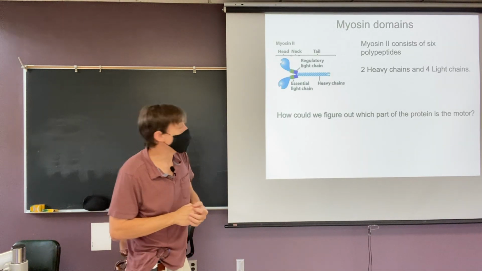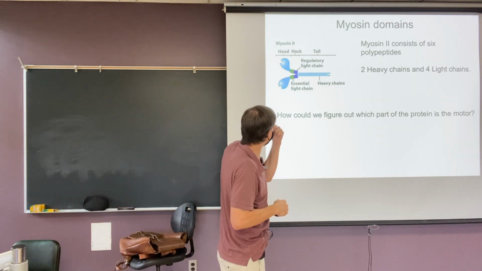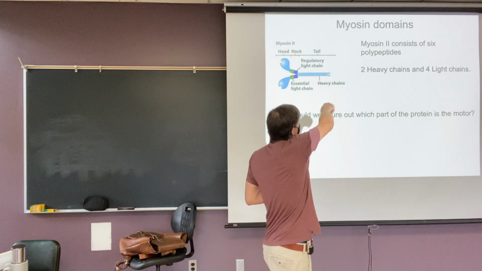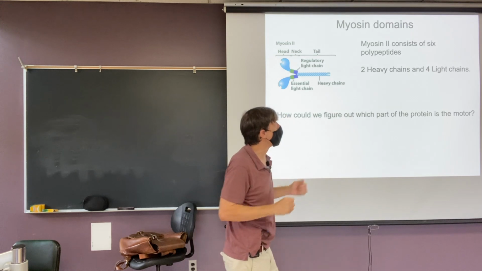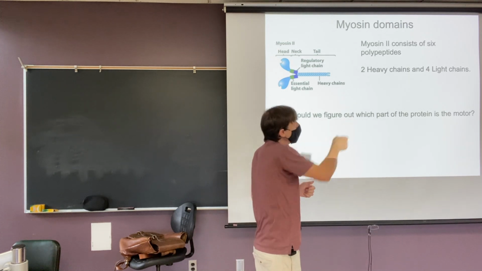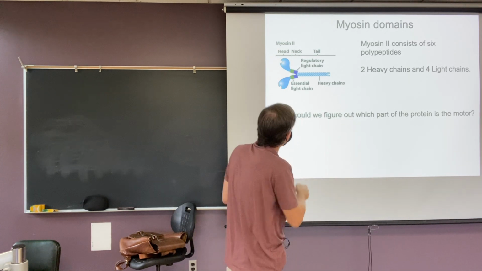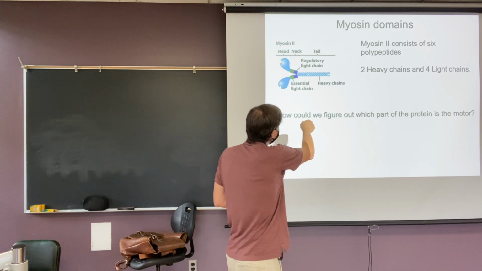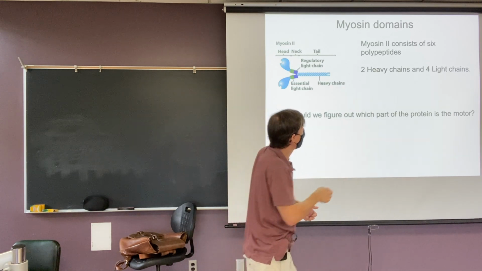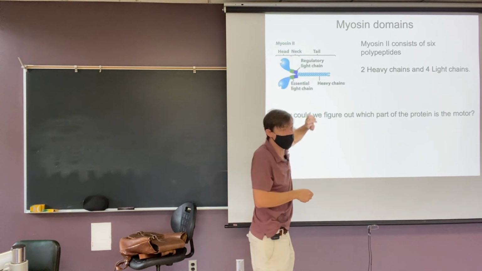In terms of the domains, I had introduced this. Myosin 2 as a molecule consists of 6 polypeptides. There are these 2 heavy chains that we just talked about, and then there are 4 light chains.